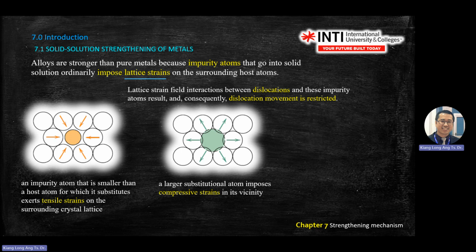Let's say you calculate and you suggest this one is carbon. So you go to the table, carbon, then you explain why, when you use carbon, what is the effect to the surrounding host? Either tensile strain or compressive strain. You need to answer something like this.